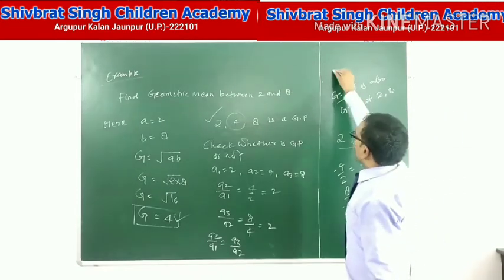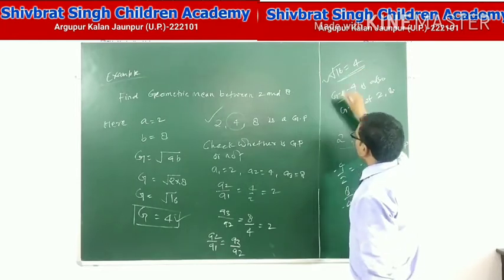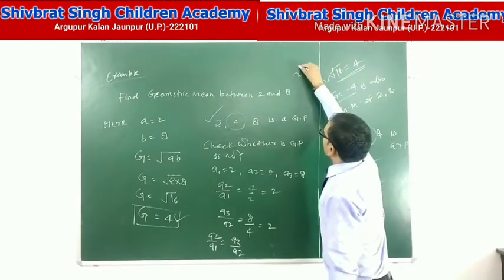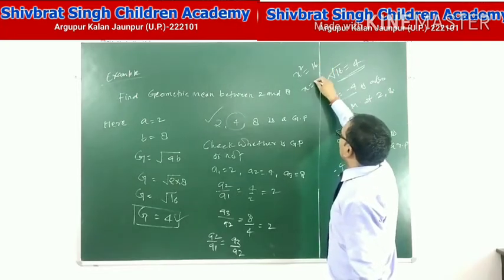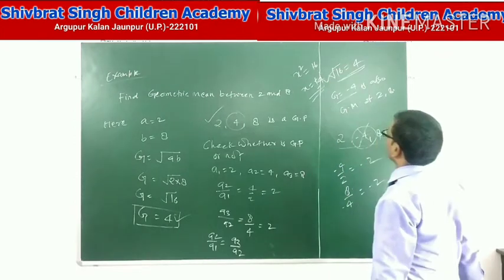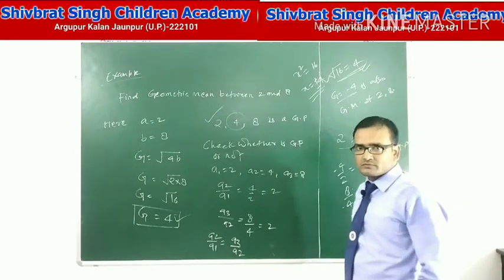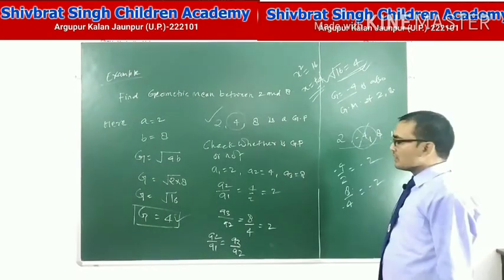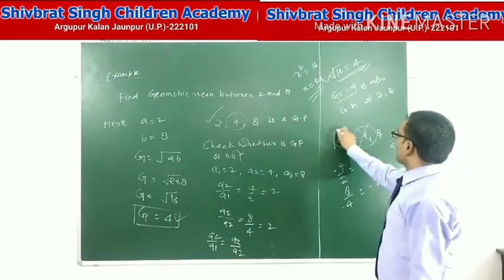And square root 16 only gives the value 4, while x squared equal to 16 gives x equal to plus minus 4. Square root of 16 is always positive. -4 is not a geometric mean of 2 and 8.